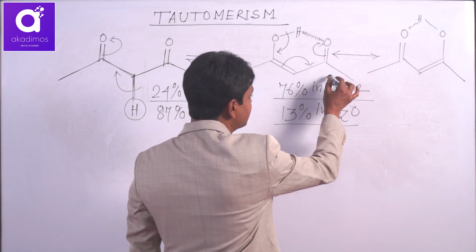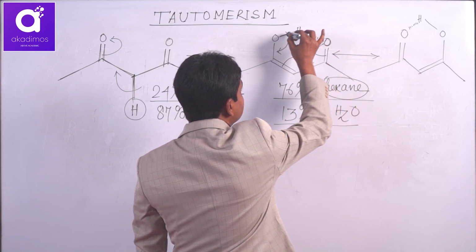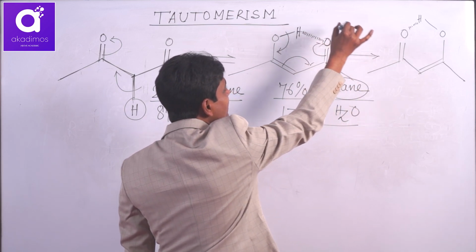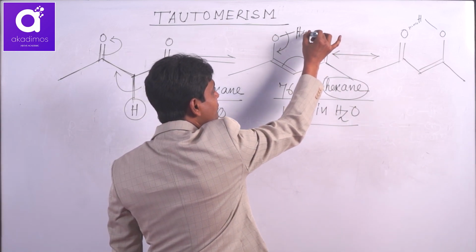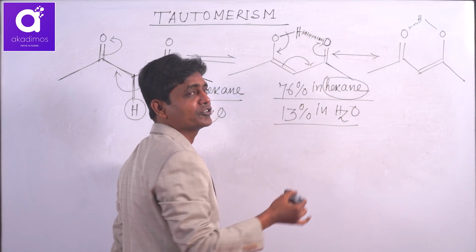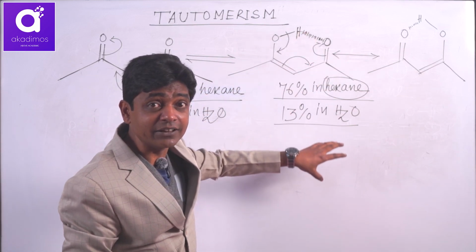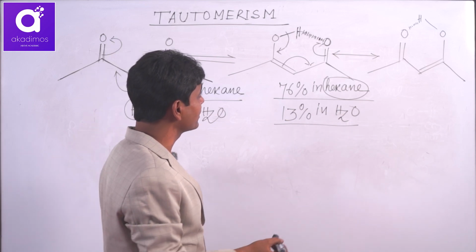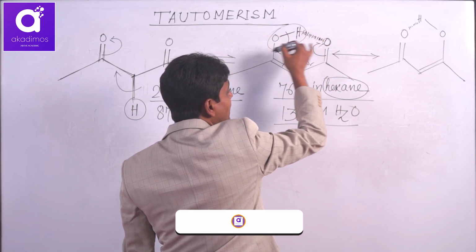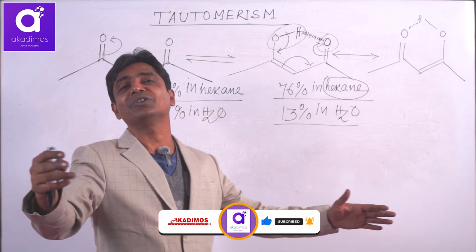When the solvent is hexane, then this oxygen and this OH have no relation with the surrounding solvent. They 100% focus on their friendship, the hydrogen bond. That's why an efficient hydrogen bond, an efficient ring, will form in hexane. But when the solvent is water, this OH and oxygen are involved in hydrogen bonds with water.